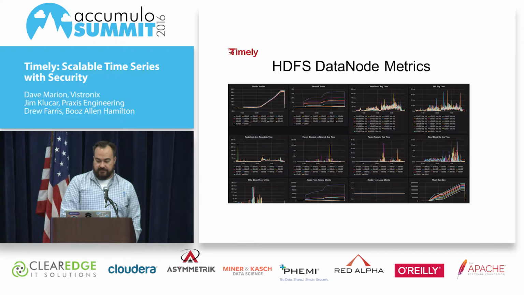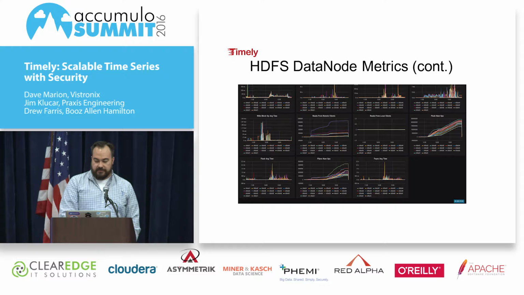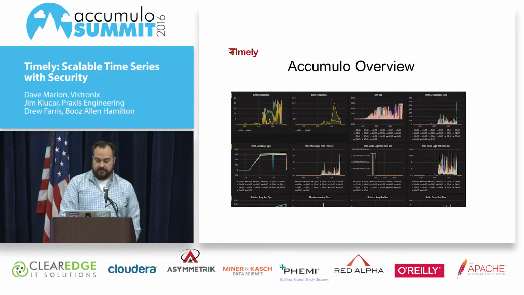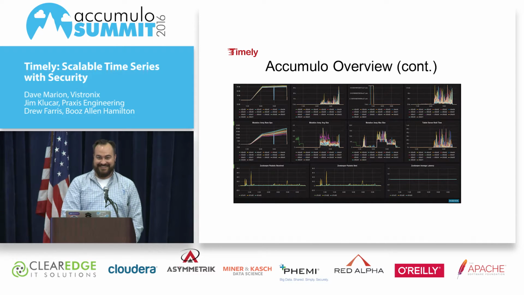Here's the HDFS dashboard we created, DataNode Metrics, continued. And this is a bit of an Accumulo overview. Maybe one day we'll replace the monitor with just this, or we'll trust this enough to not look at the monitor anymore.